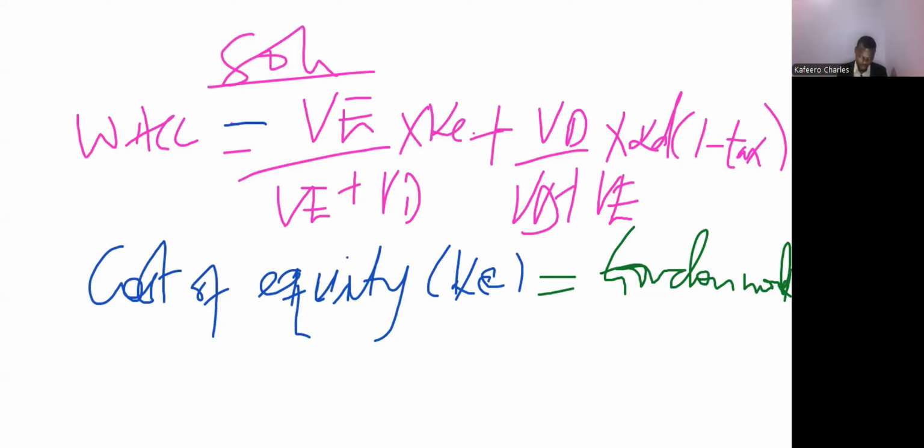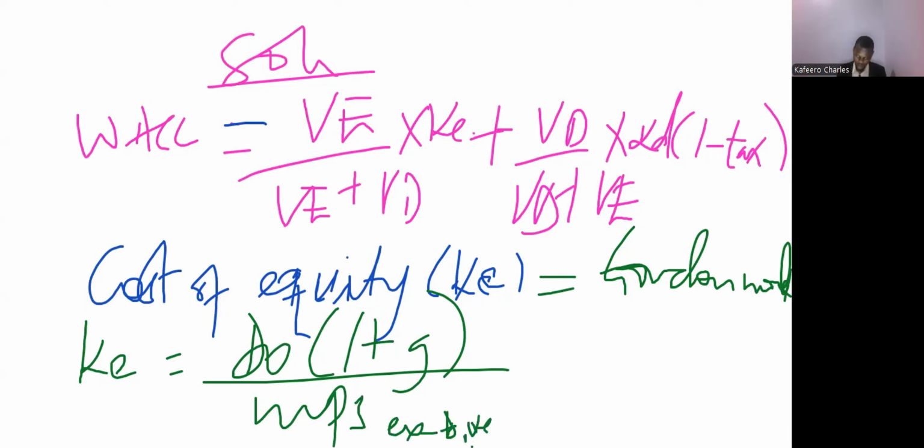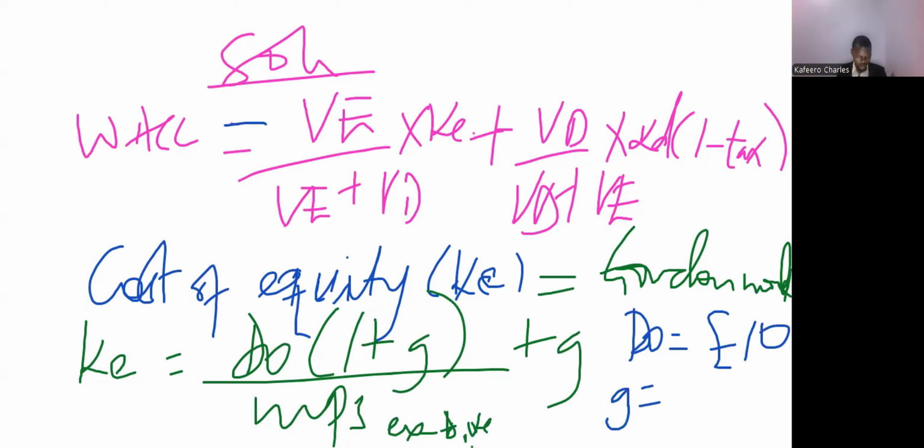We know that if you are using the Gordon model, KE is D0 into (1 plus g) over MPS, but this MPS must be ex-div, plus g. Our D0 is £10. Our g, the growth rate, they told us is 5%.